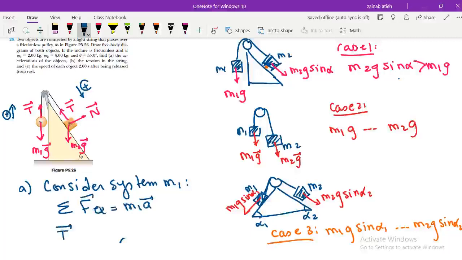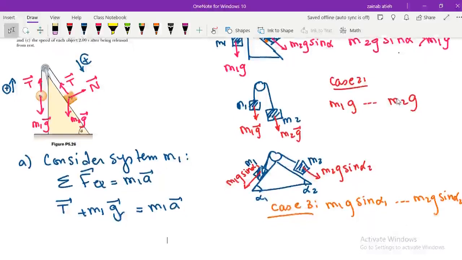It's T plus M1G equal to M1A. أنا معي الموشن للM1 upward, so باخد البوزيتيف سنس upward. كل شي طلوع بيكون بلس، كل شي نزول بيكون ماينس، والvertical هو اللي بيساوي MA لأنه الموشن is along the vertical. So projecting I will get T minus M1G equals M1A.